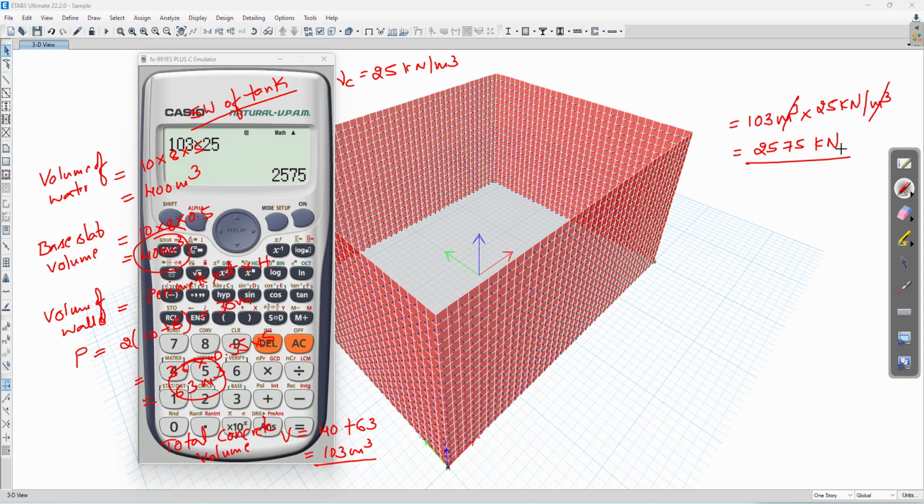This is the weight of the tank, or self weight of the tank.